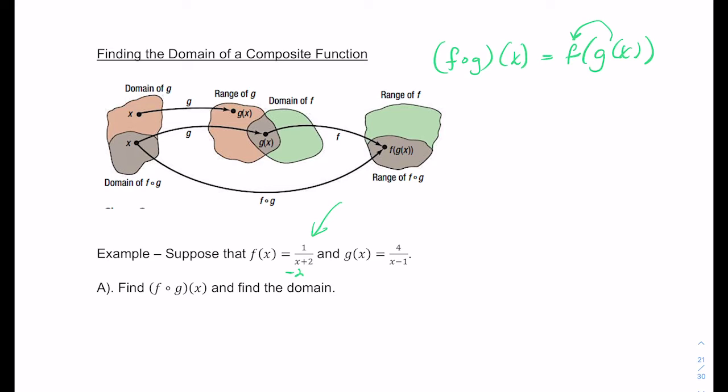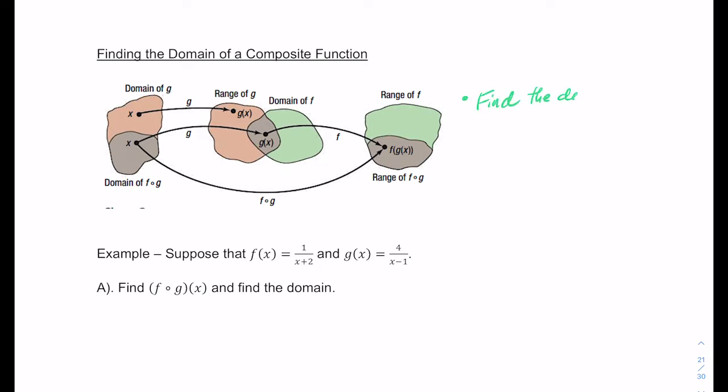So kind of to keep this as simple as possible, there's two possible steps when you're finding the domain of composite functions. You want to first find the domain before simplifying.